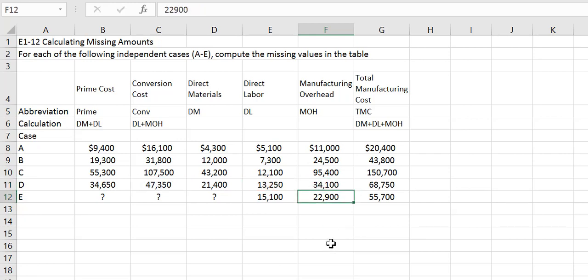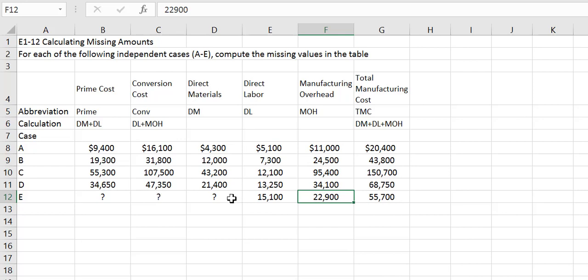We get 34,100, or we can take the total manufacturing costs, subtract out materials, and subtract out labor. Again, 34,100.